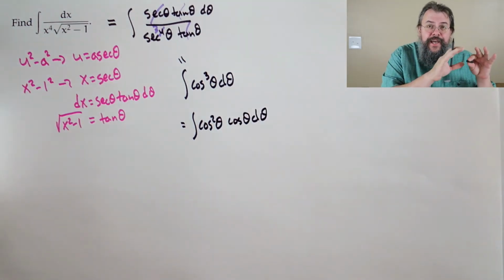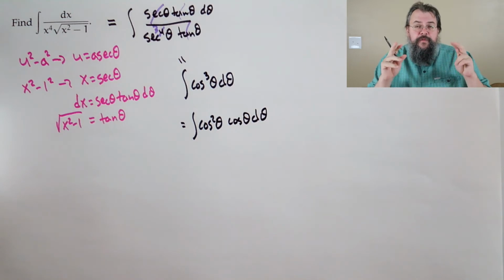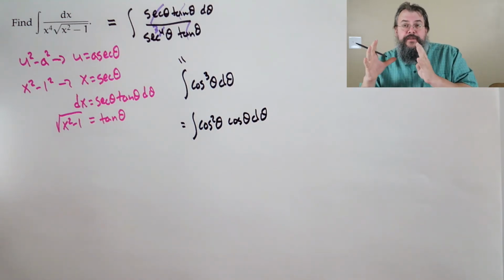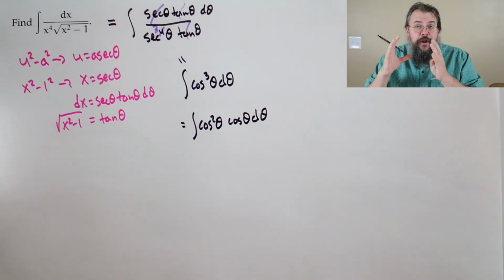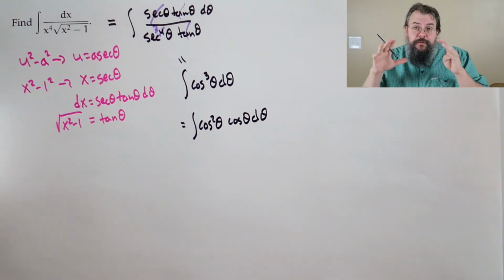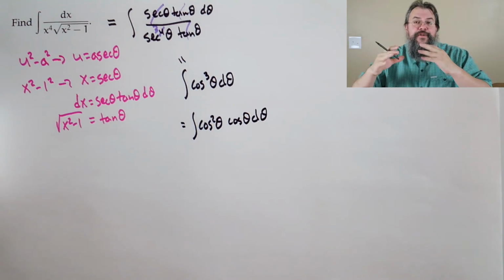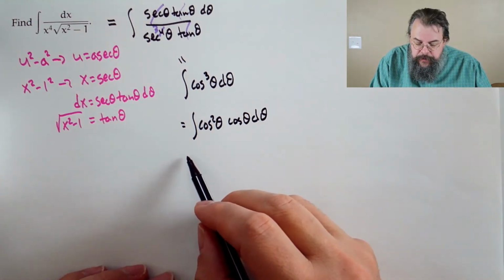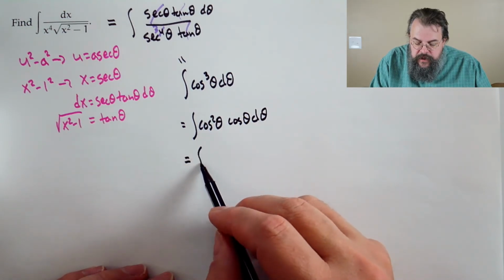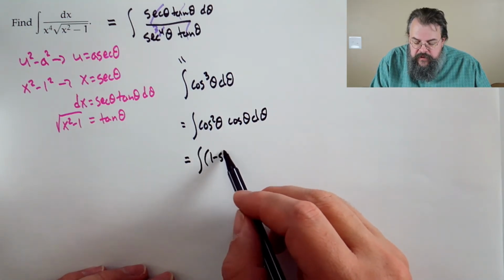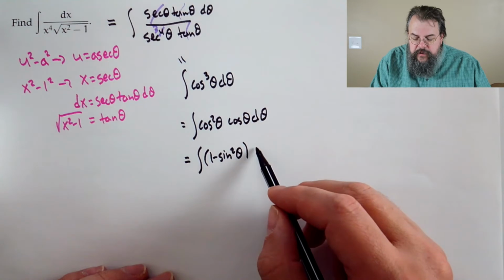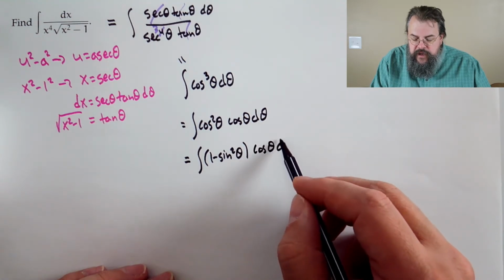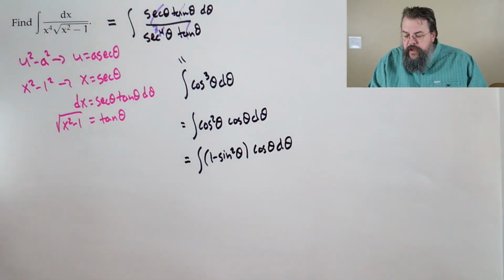That cosine on the end sets ourselves up for a good substitution. Now that cosine squared at the start, we rewrite in terms of sine, because we're aiming for a substitution of sine. Cosine squared is 1 minus sine squared. So 1 minus sine squared times cosine, and we're ready.